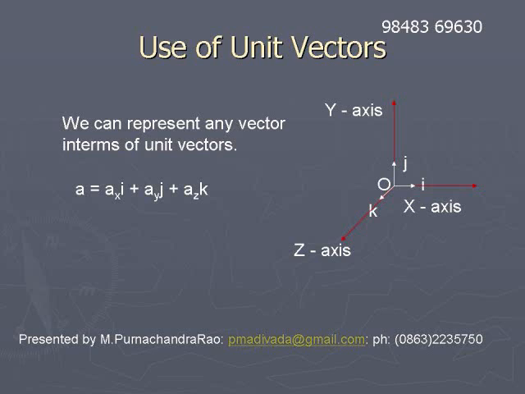The y component of a bar is written as ayj. This is the vector component along the y-axis. The vector component along the z-axis is represented as azk. Axi, ayj and azk are the components along the x, y, z axes. So the vector a bar will be equal to axi plus ayj plus azk. Like this, we write a vector in terms of its components.